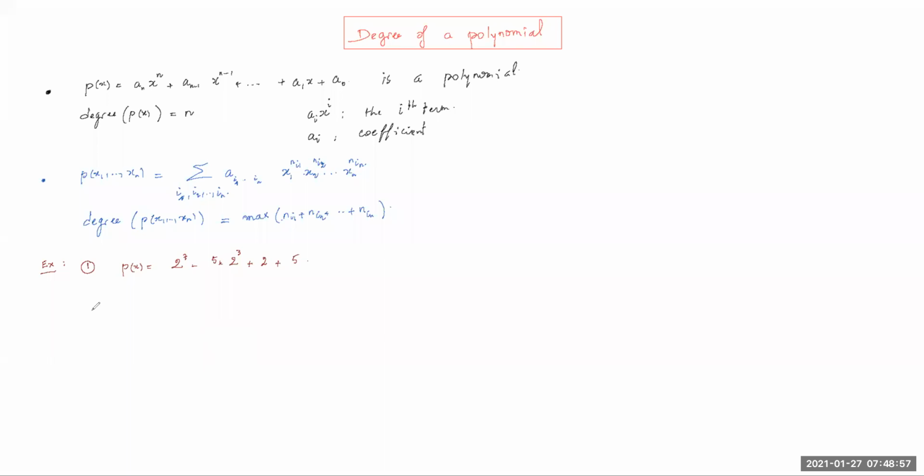What is the degree of my polynomial? What about p of x equals x to the power 7? Third, p of x and y is minus 7 y to the power 4 x to the power 7.